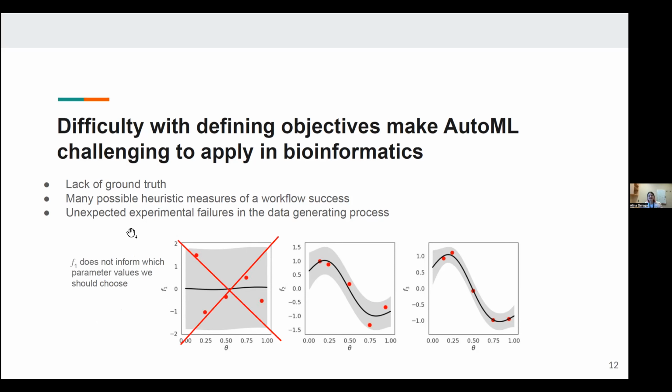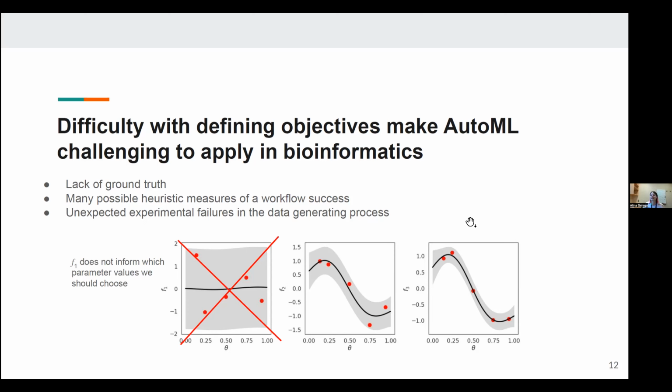So in this particular case, I might be better off just throwing this F1 objective out altogether and then focusing on my other two. These are the two proteins that I successfully did measure in my experiment. And then I should choose a parameter of, whatever that is, 0.25 for my theta, because this is where my heuristic objectives are maximized. So this is a cartoon motivation for these unexpected failures.